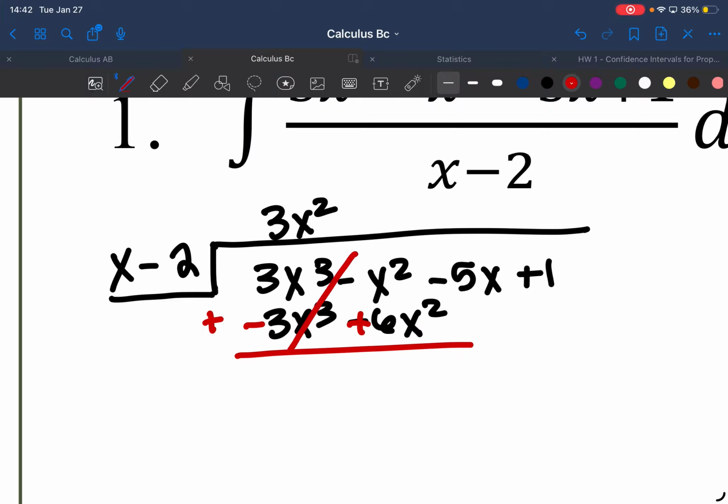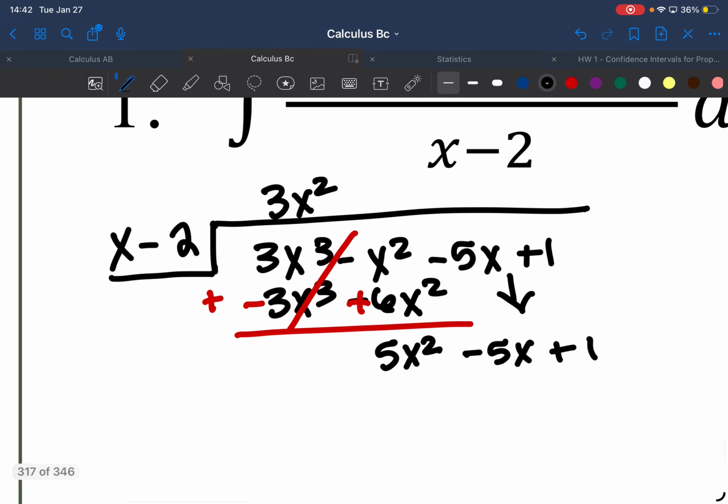When I do that, that first term should cancel. So I have negative x squared plus 6x squared, so this is 5x squared, and I bring everything else down. So minus 5x plus 1. And then I just keep doing that until I'm either left with nothing, a 0, or I am left with a remainder.